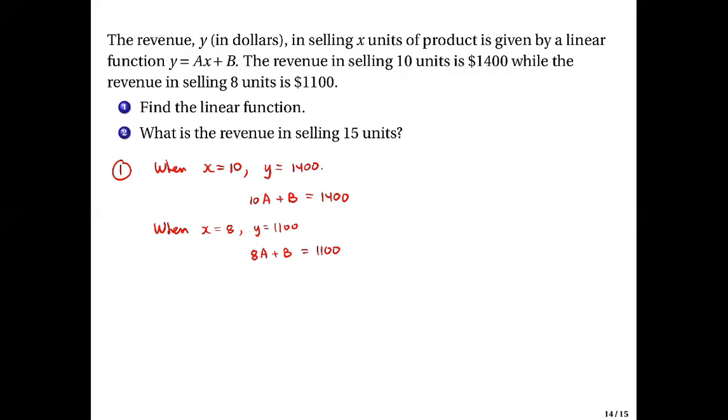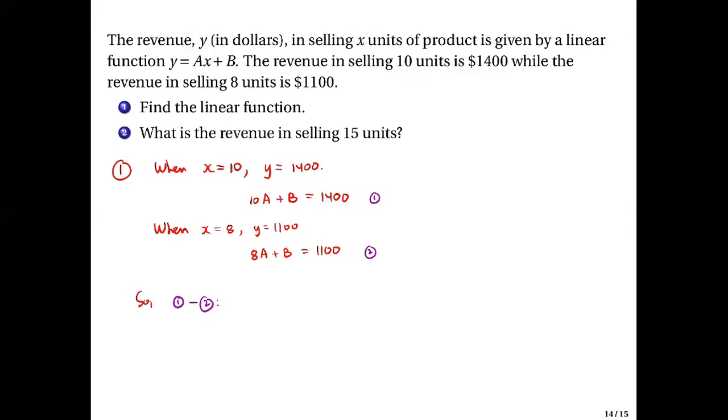So you can solve this using substitution. You can solve this using elimination. Okay? What I'm gonna use is the elimination. So this is equation 1 and the other one is equation 2. So in here, we'll just subtract equation 1 minus equation 2.